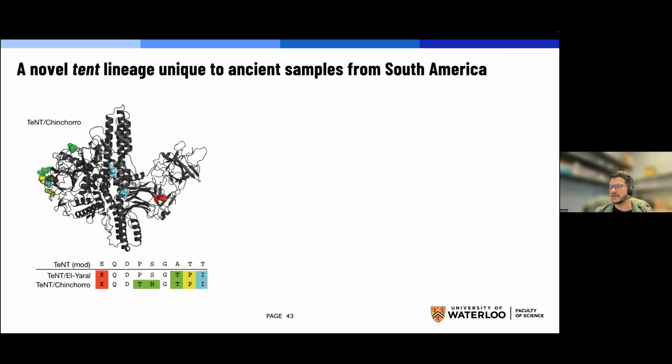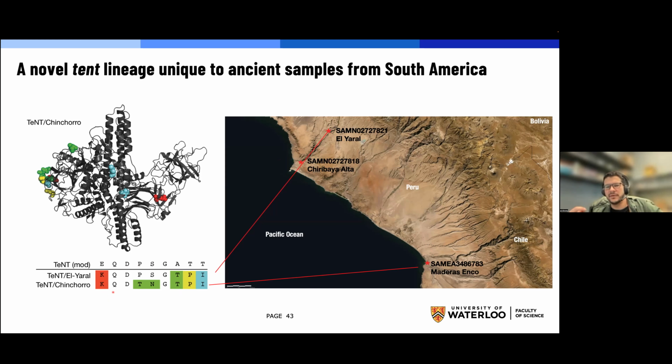These ancient toxins come from samples that are, again, geographically quite close to one another. And so we think that further supports the idea that these indeed represent a unique lineage of C. tetani neurotoxin, and that they probably share a common ancestor.